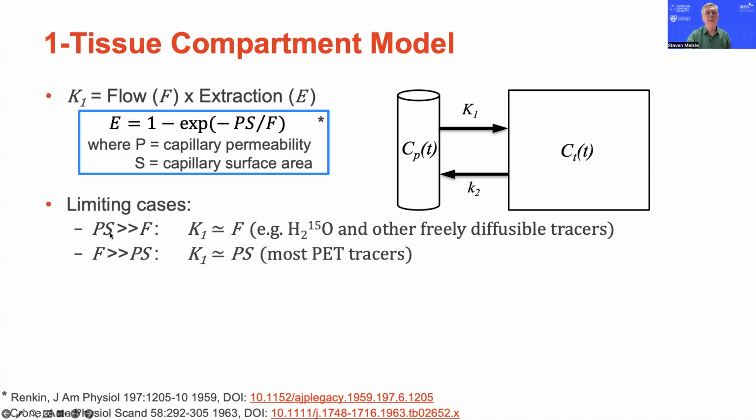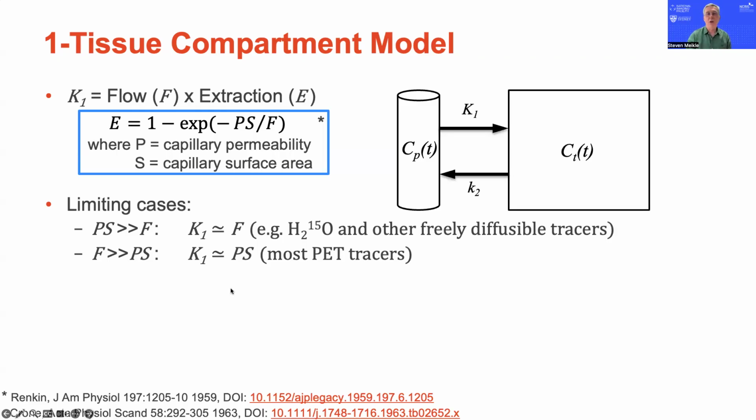If we have a tracer that has a PS product that's much higher than the flow, the extraction ratio goes to 1, and so K1 becomes approximately equal to flow. When we have a freely diffusible tracer like O15 water, the extraction fraction is very close to 1, and therefore K1 is very close to blood flow.